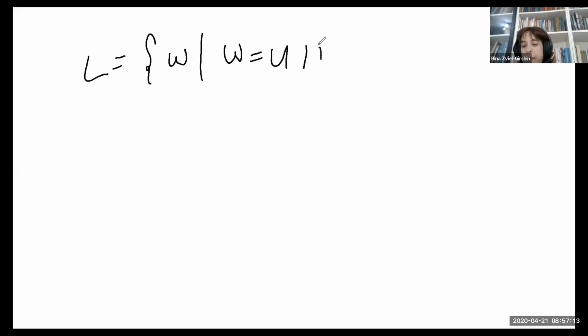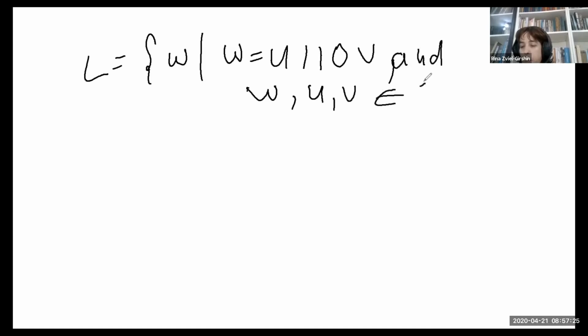Okay, so basically we want to write a language or an automaton that accepts a language. The W has some prefix, substring 110, some suffix, and we know that W, U, and V belong to sigma star.